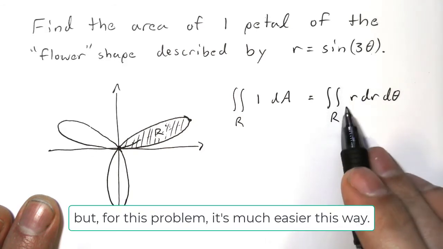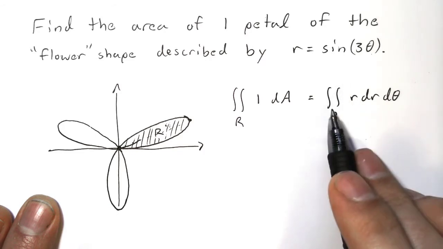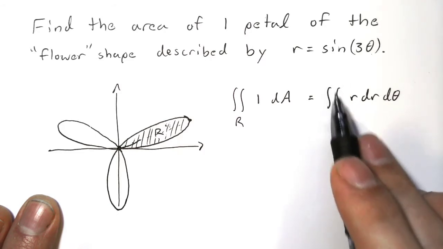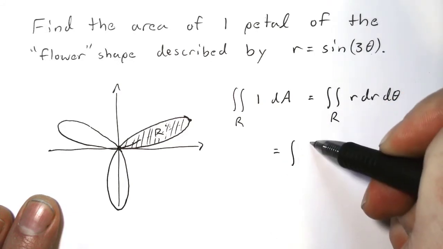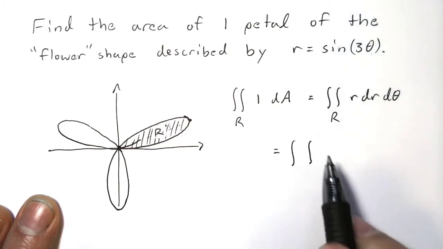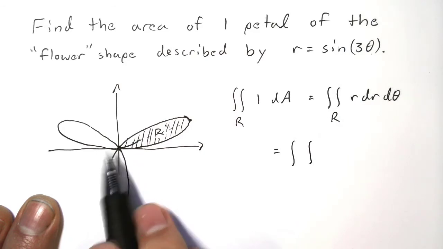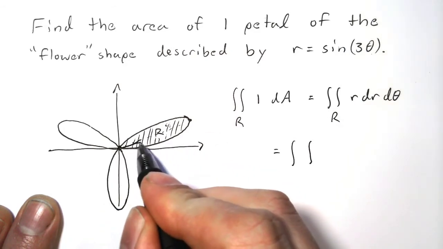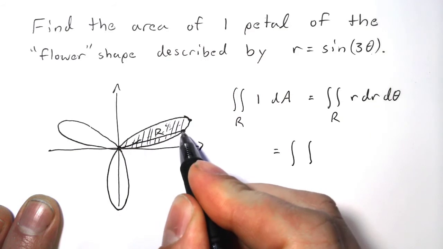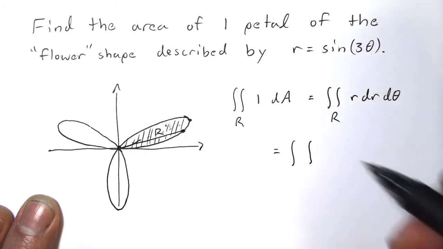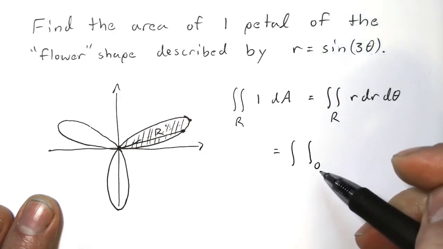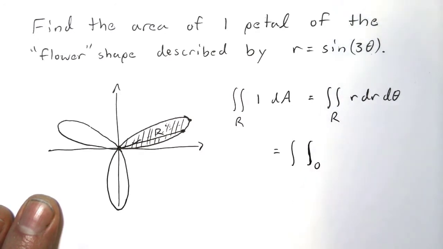So the inner integral is going to be our bounds in terms of r, and our outer integral is going to be the bounds in terms of theta. So let's see what we get here. The bounds in terms of r. Well, r is going to go from 0. If I pick a theta, I'm going to let r go from 0 out until I hit the edge of the petal.